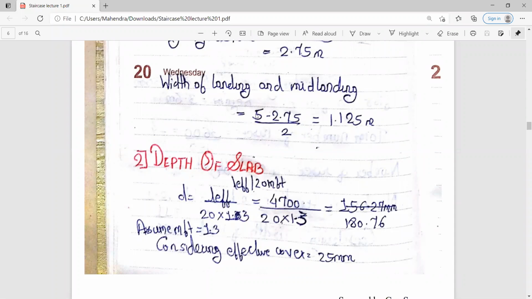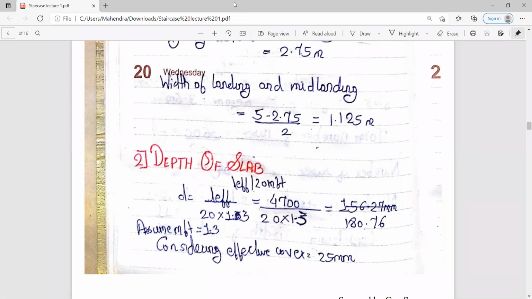For a simply supported slab, D will be equal to, that is, D is nothing but the depth of slab, D will be equal to L effective upon 20 MFT. This is for a simply supported slab.